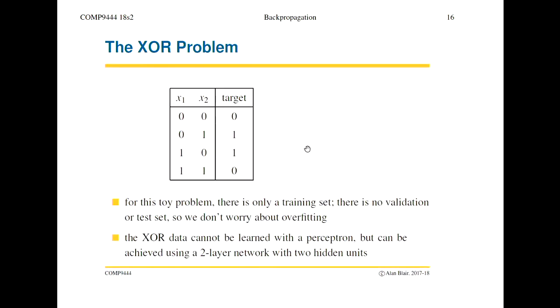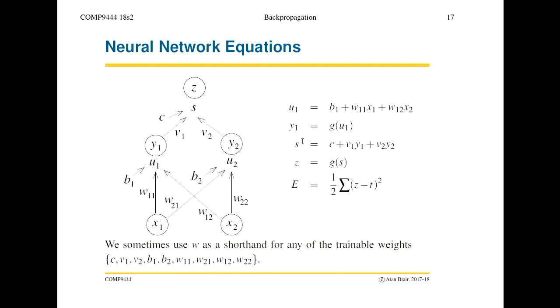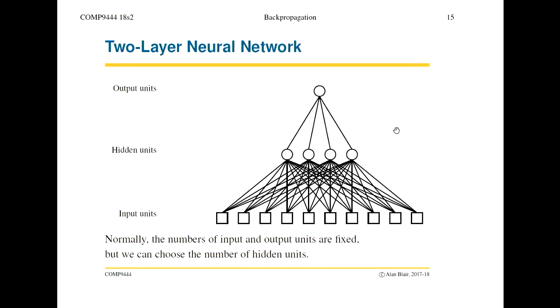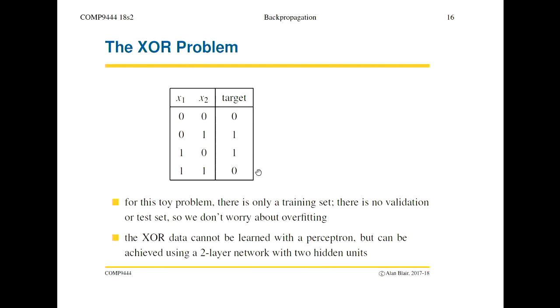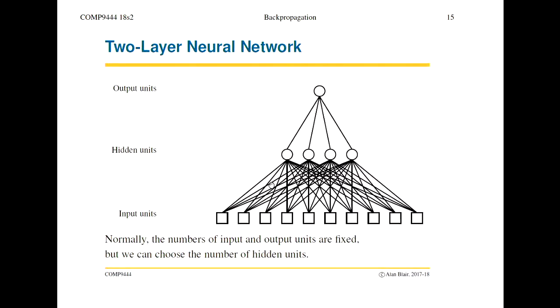And this is the data for this XOR problem. There are only 4 training items. But in the general situation, we have an architecture and some training data, and we want to choose the weights of this network so that when we put each of these inputs in, we get out the correct output.